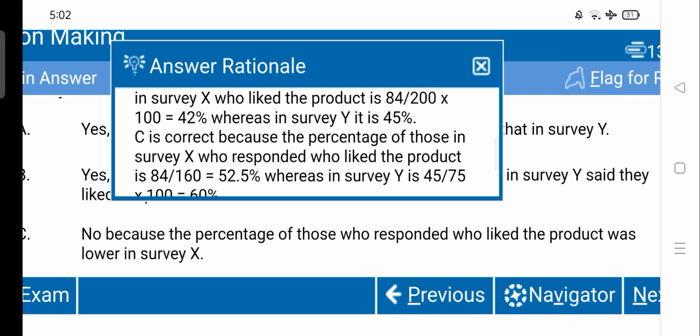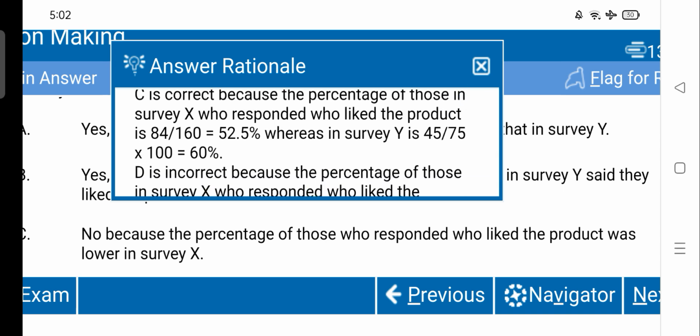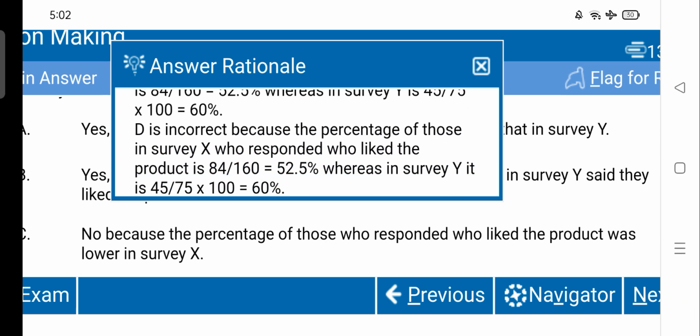C is correct because the percent of those in survey X who responded who liked the product is 84 by 160 equals 52.5%, whereas in survey Y it is 45 by 75 multiplied by 100 equals 60%.